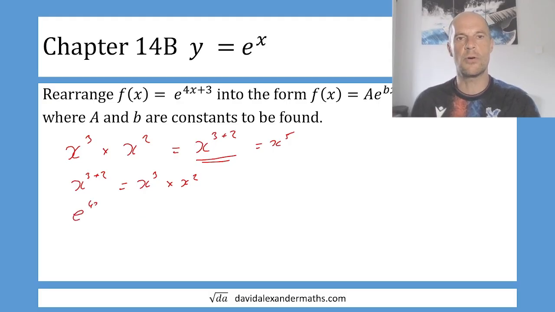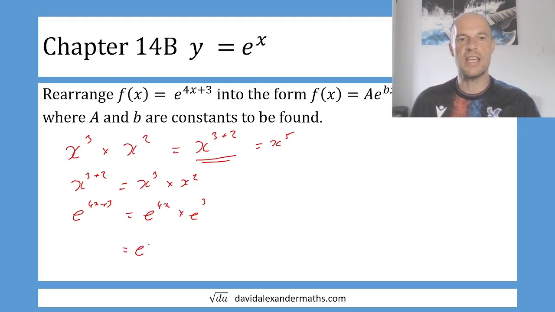e to the power of 4x plus 3 is the same as e to the power of 4x multiplied by e cubed. e cubed is just a constant. Remember, e is just a number, 2.7182, cubed. But rather than write something really horrible, I'll keep it in terms of e.